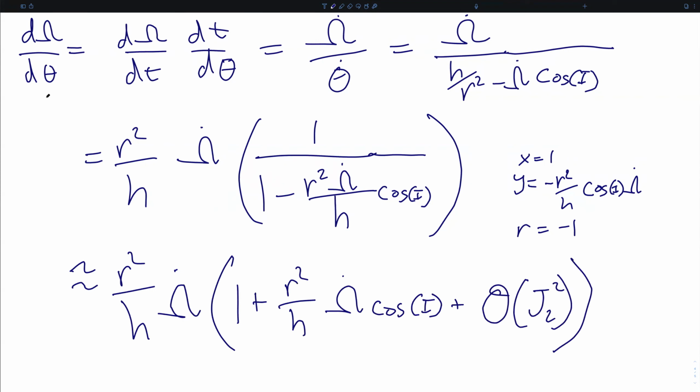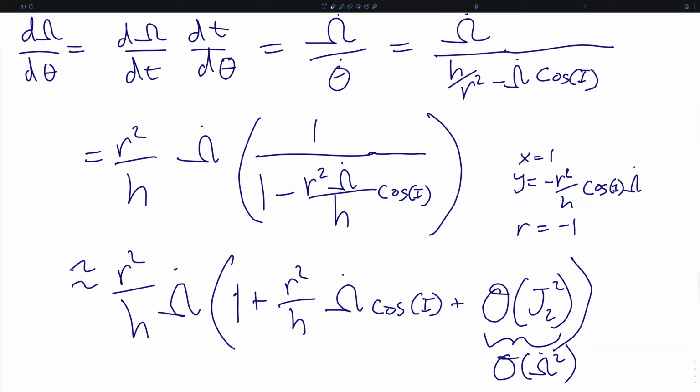dΩ/dθ is approximately equal to r squared over h times Ω̇ times the quantity 1 plus r squared over h Ω̇ cosine i, plus all terms of order J2 squared, which is equivalent to saying terms of order Ω̇ squared, which we've said is going to be a small quantity, and so we're going to neglect these.